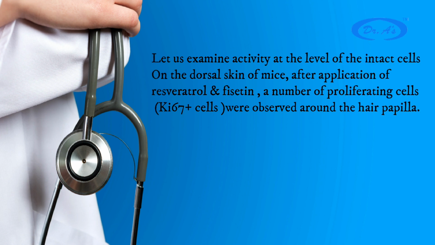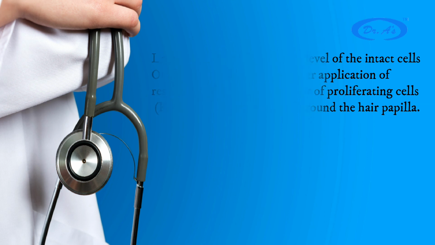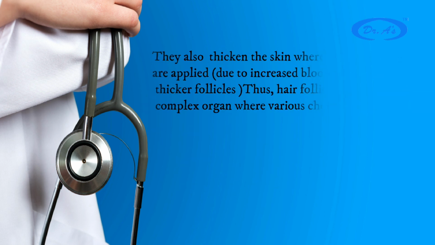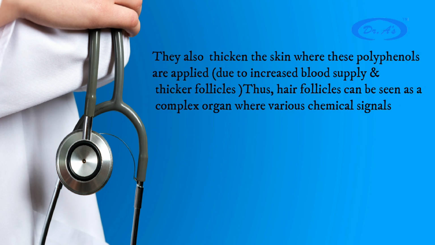Now let us examine activity at the level of the intact cells. On the dorsal skin of mice, after application of resveratrol and fisetin, a number of proliferating cells were observed around the hair papilla. Also, it was noticed that the skin gets thickened where the polyphenols are applied, due to probably the increased blood supply and thicker hair follicles.